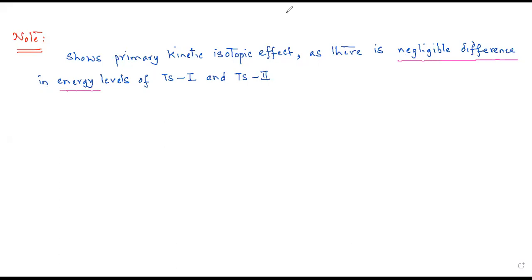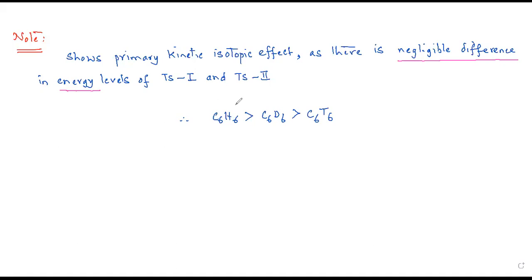So that is the reason why it actually follows this order. Remember, only in sulfonation we got this. We did not see this in halogenation. Even in nitration also, we have not seen this. There was no kinetic isotopic effect.